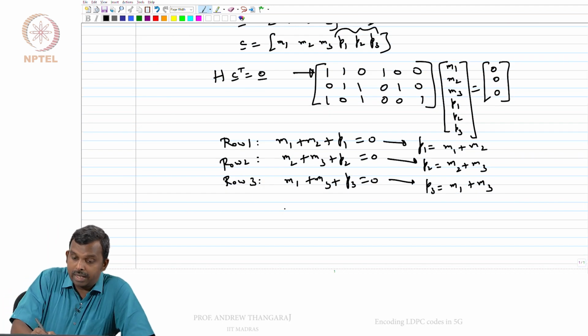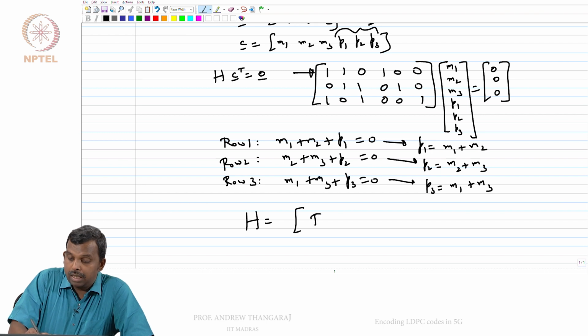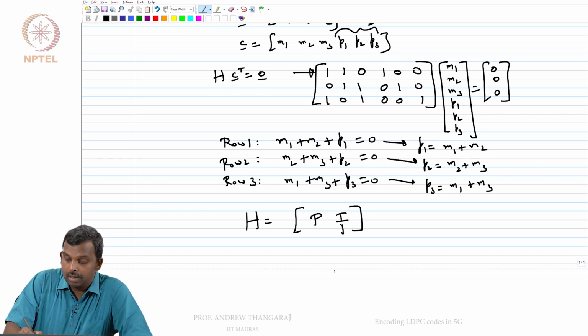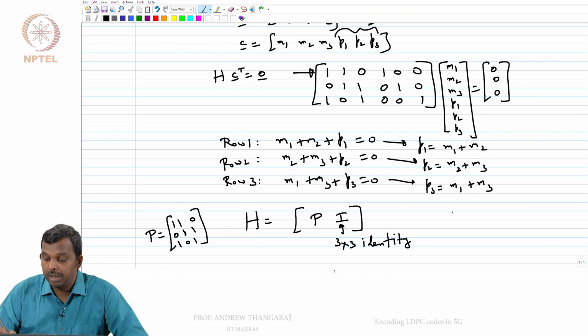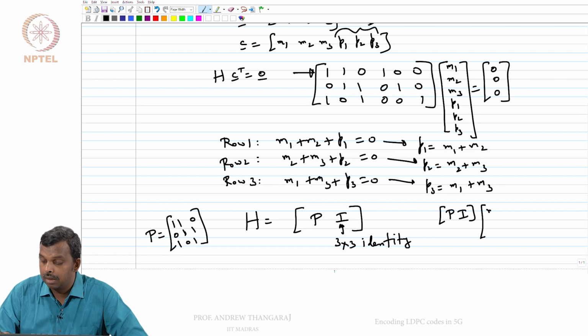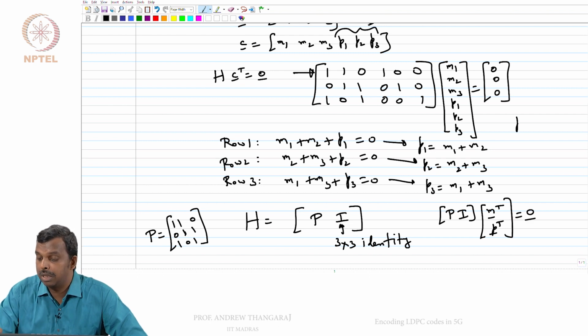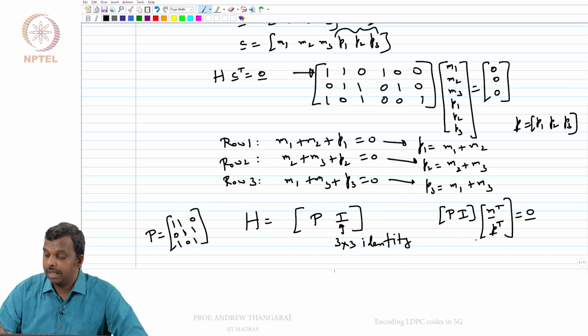So for instance, one more way to write it is you can write H as P and then I, right? So this is the 3 cross 3 identity, and P is just this matrix, right? So P would be 110, 011, 101. Okay, and then you can look at the multiplication here in a slightly different way. H times C transpose, that is P times M transpose plus P transpose, equals 0. Okay, so what is the parity vector? It is P1, P2, P3, the vector of parity bits, and then you rewrite this.